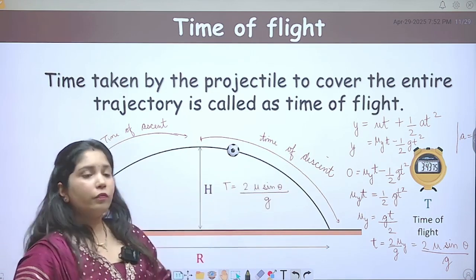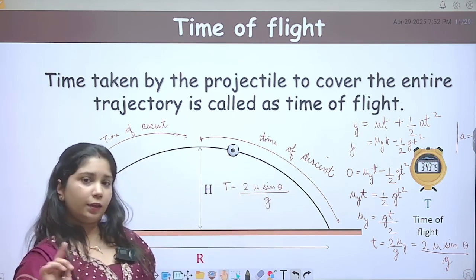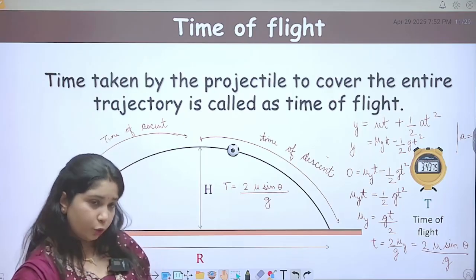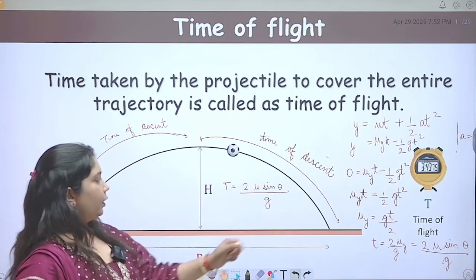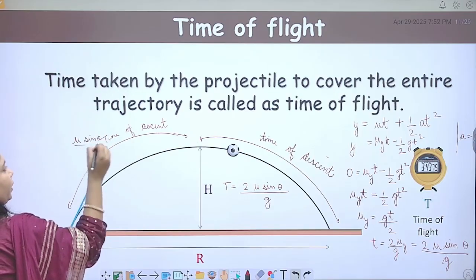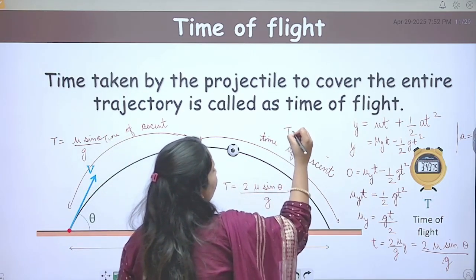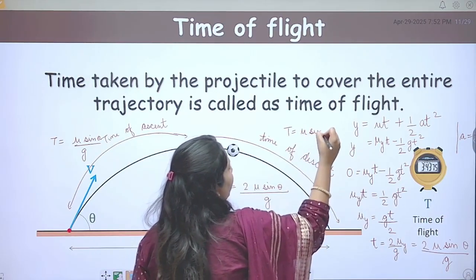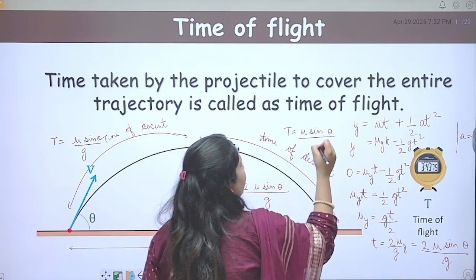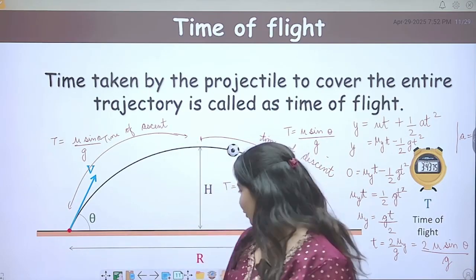Same for time of descent. Divide this by 2. So 2u sin theta upon g divided by 2 comes out to be u sin theta by g. So time of ascent is u sin theta by g, and time of descent also is equal to u sin theta by g. I hope it is clear.